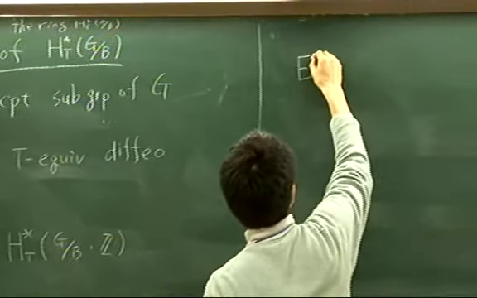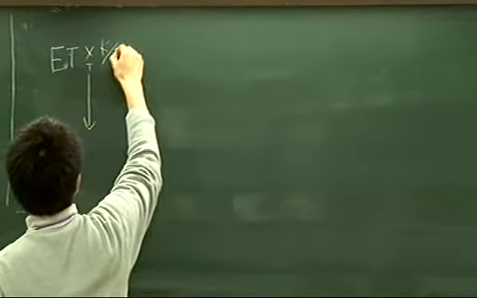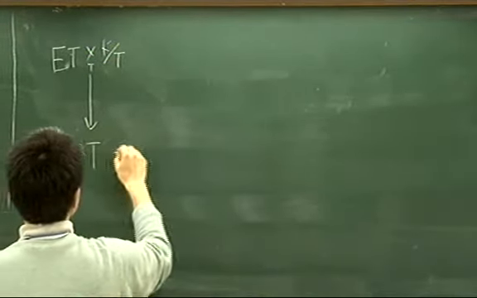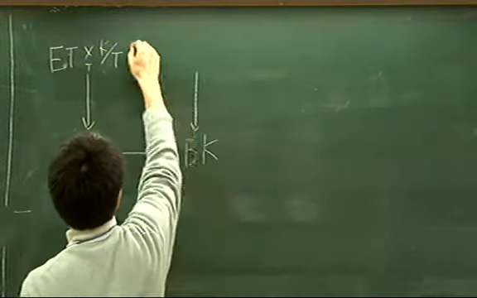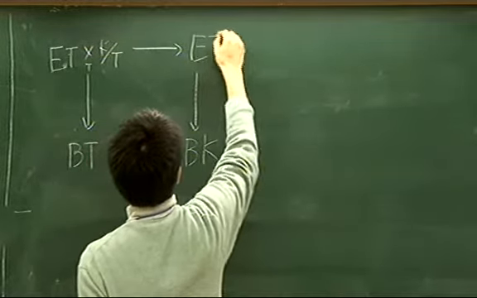Bott-Samelson construction for the compact form of the Bruhat variety can be written as the product diagram as follows.